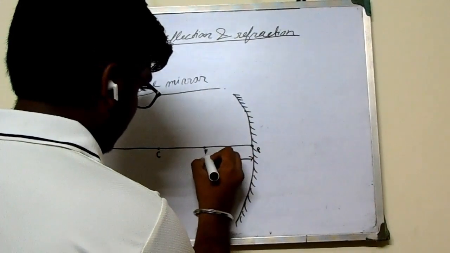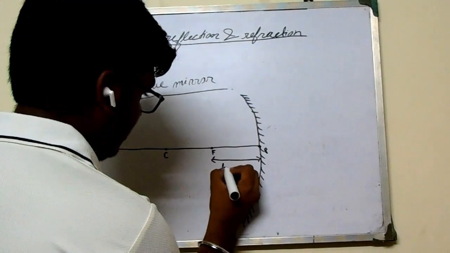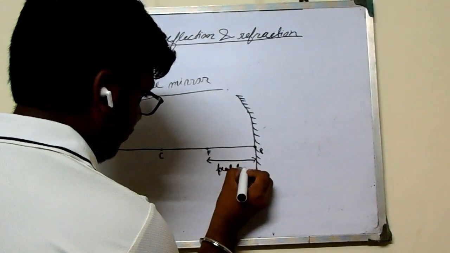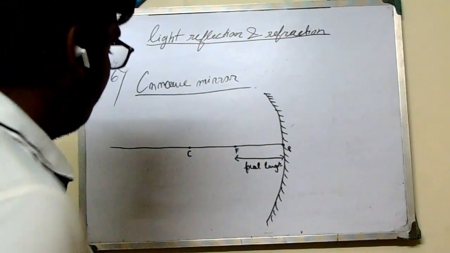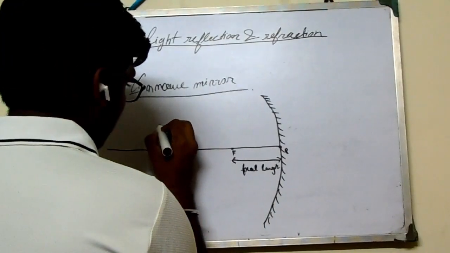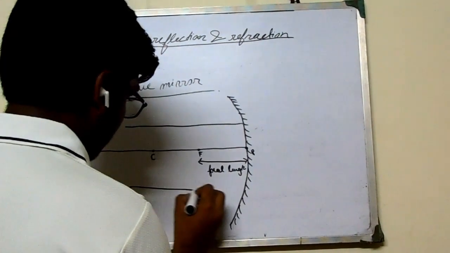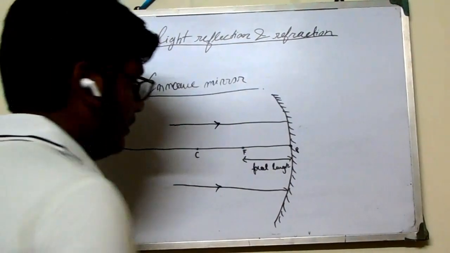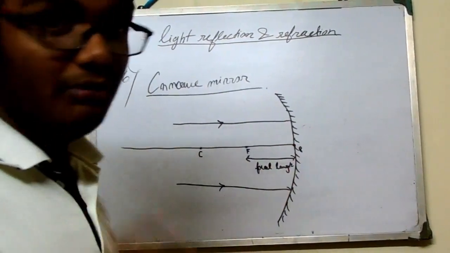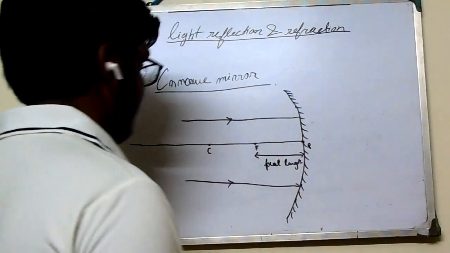This one is known as the focal length. Suppose the rays are coming this way, a beam of light is coming. Do you know the meaning of a beam of light? I want the answer in the comment section. What is a beam of light?